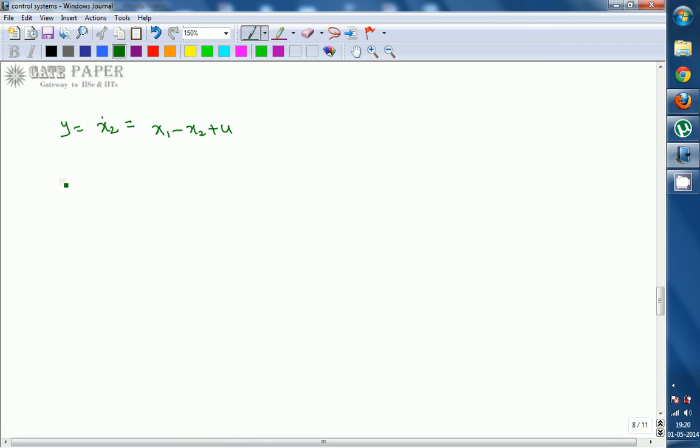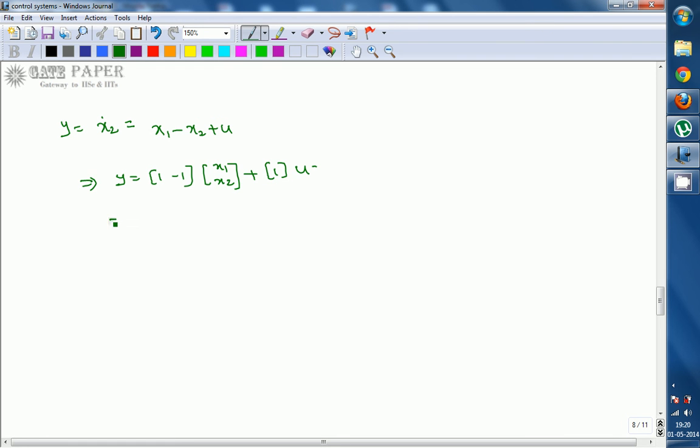So we'll write that expression y in the matrix form: y equals to 1 minus 1, this is 1 from the coefficient of x1 and minus 1 from the coefficient of x2, multiplied with x1 x2, plus the coefficient of u, which is 1 here, into u.